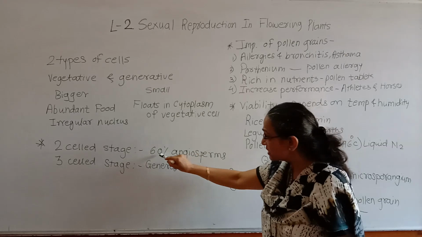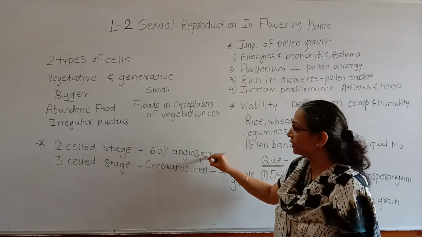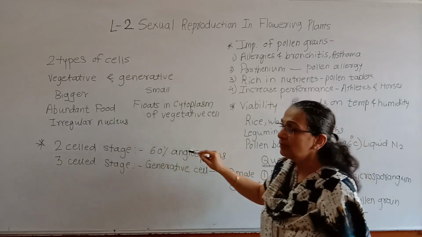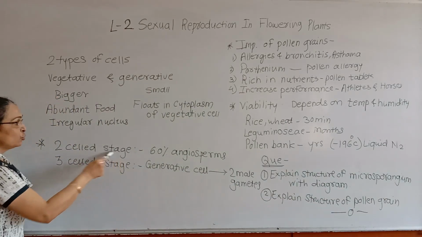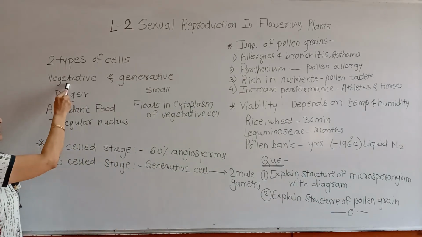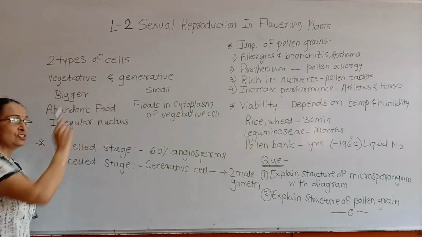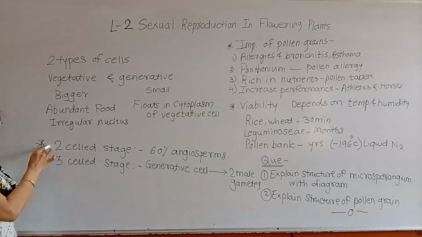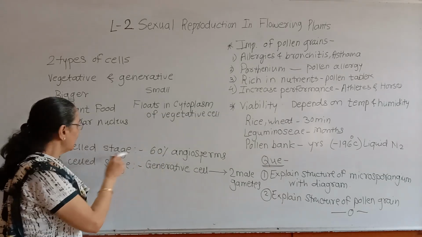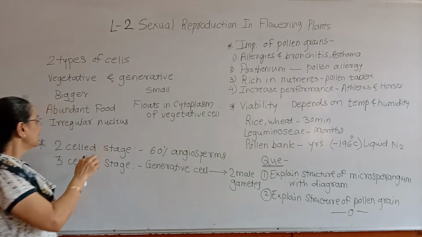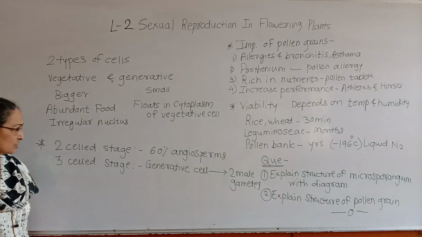Now, 60% of angiospermic plants, when they shed the pollen grains, they are at two cell stage. That means they have one vegetative and one generative cell. Such a pollen grain is called two cell stage, and most of the angiosperms shed the pollen grains at this two cell stage.